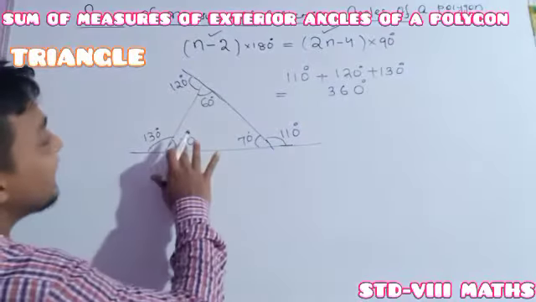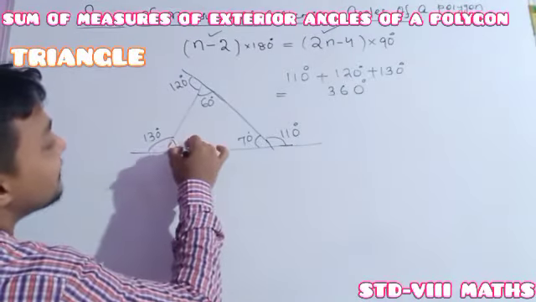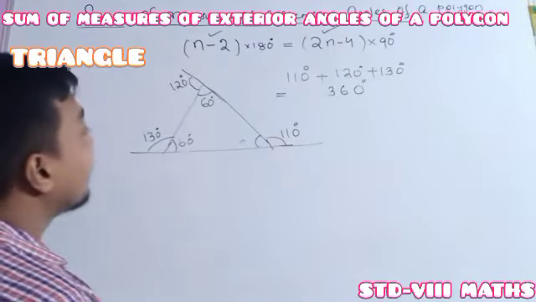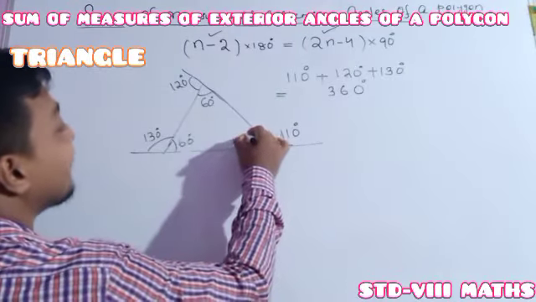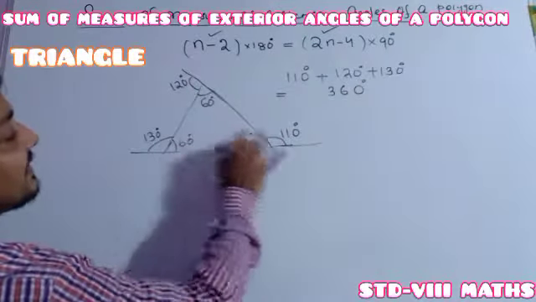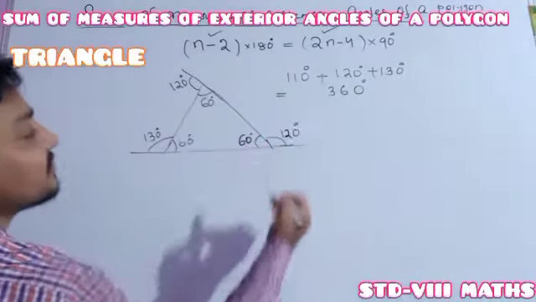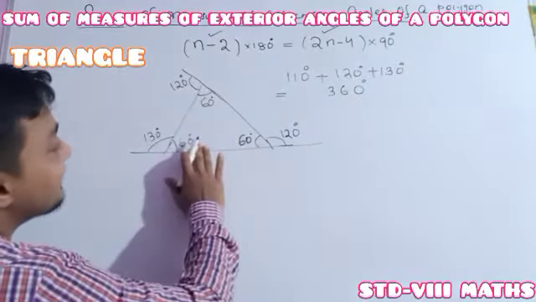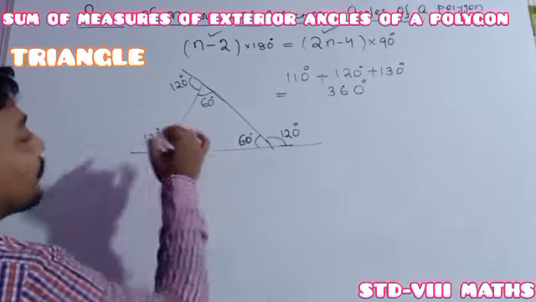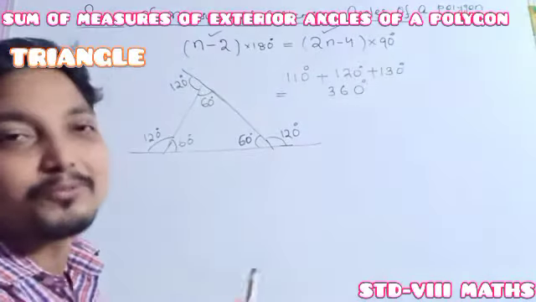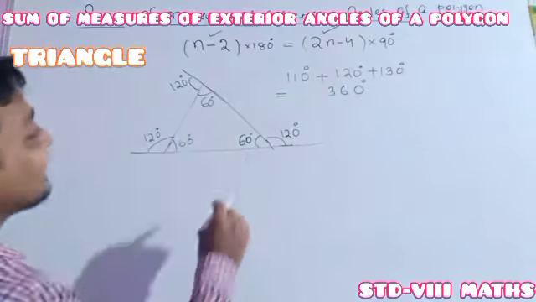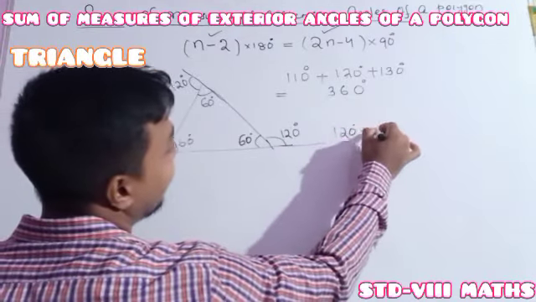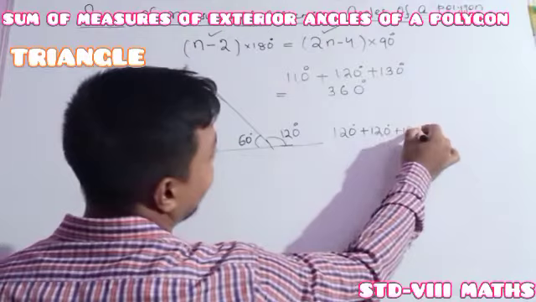Suppose we change the measure of the angles. Suppose each angle is 60 degrees. Then each exterior angle is 120 degrees, since 60 means 120 for each linear pair. So the sum is 120 degrees plus 120 degrees plus 120 degrees.